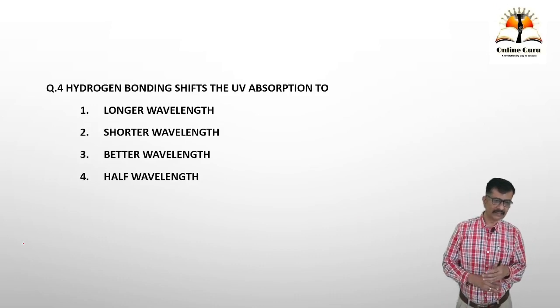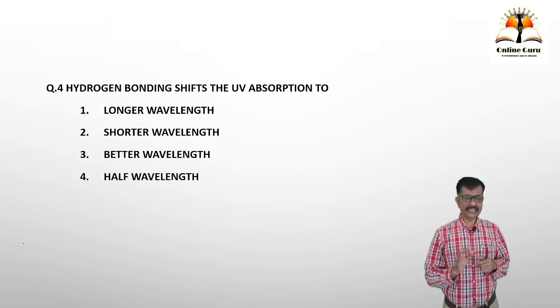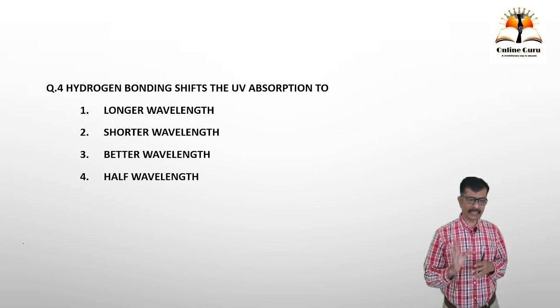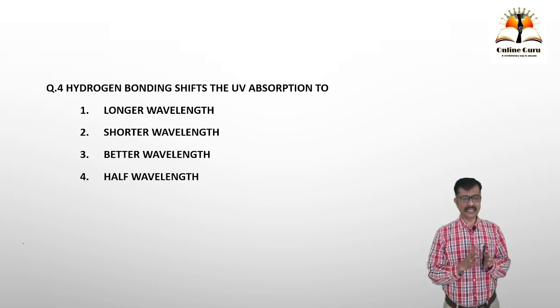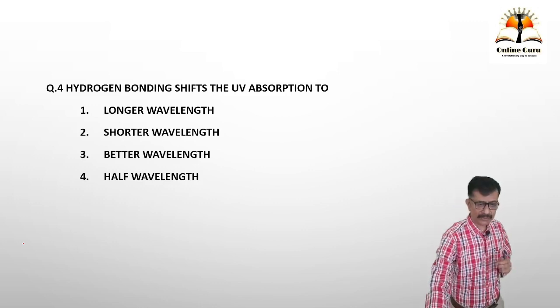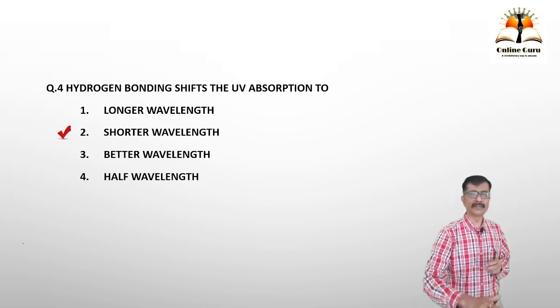Now here, the hydrogen bonding shifts UV absorption to longer wavelength, shorter wavelength, better wavelength or half wavelength. If you look at hydrogen bonding, what happens? The hydrogen bonding stabilizes the molecule.